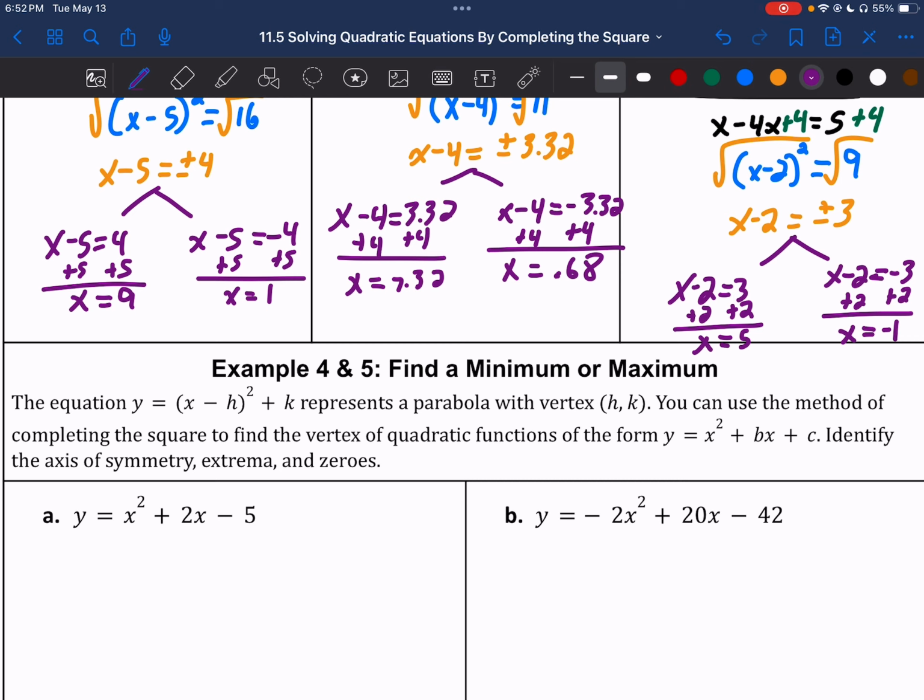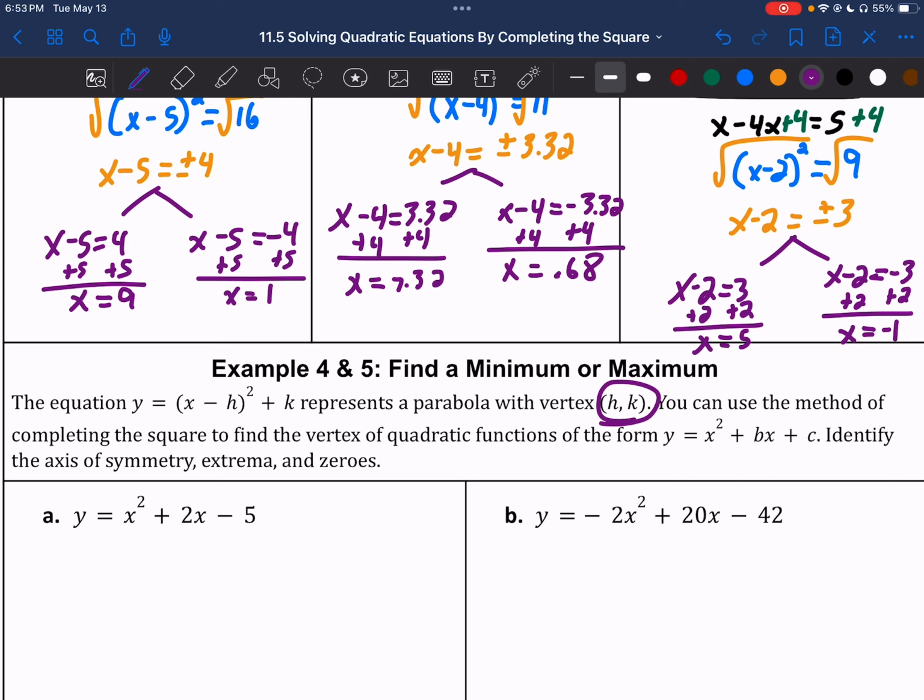So the equation y equals x minus h, the quantity squared, plus k represents a parabola with a vertex at (h, k), right? We've already worked on this earlier in this module. We've seen how h tells us how much our vertex moves left to right. K tells us how much we're moving up and down.